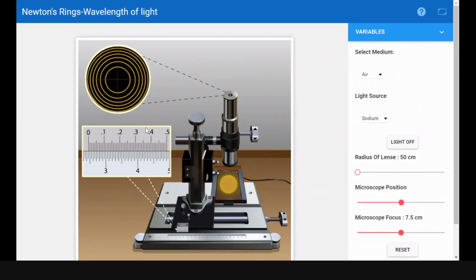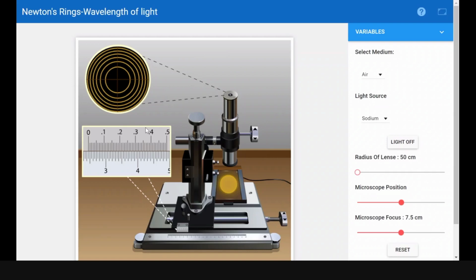Sorry, 1 divided by 1000, which is equivalent to 0.001. Correct? Yes or no? Least count is 0.001.